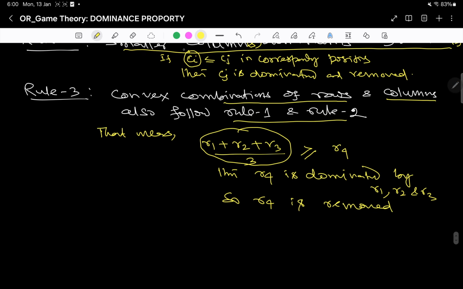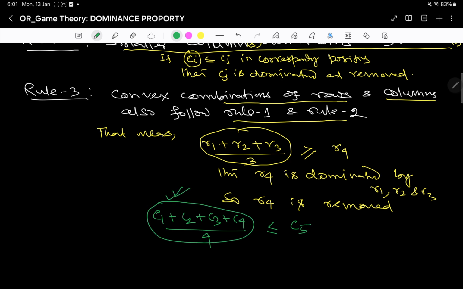Accordingly, if (column 1 + column 2 + column 3 + column 4) divided by 4 is smaller than or equal to C5, the smaller column will dominate and the larger column will be dominated.